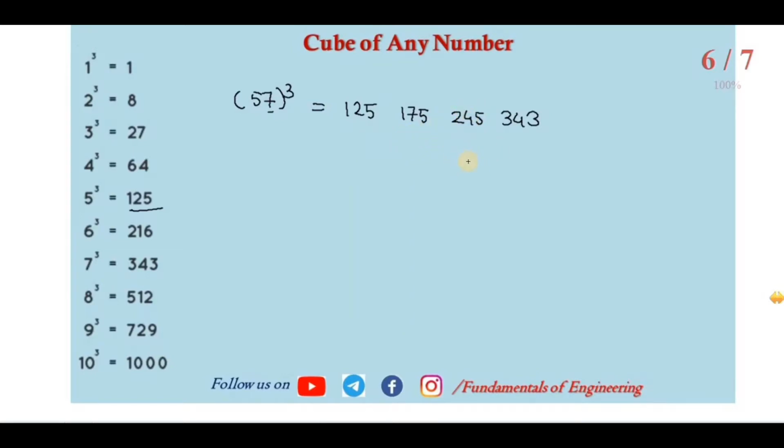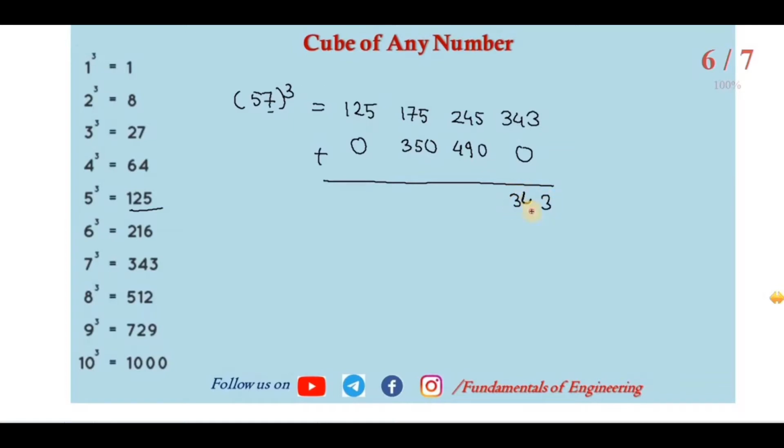Then whatever the middle numbers are there, we have to double it. 245 plus 245, or into 2, we are getting 490. You can check it. And 175 plus 175, we are getting 350. Then 0 here. Now we have to add this number. So we are getting to the second step.